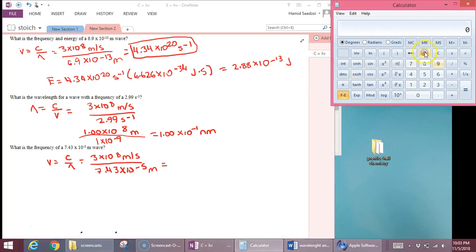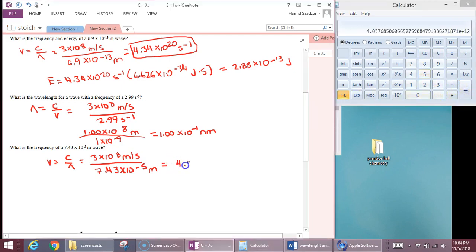Go over here, clear out our screen, 3 exponent 8 divided by 7.43 exponent negative 5, and we get 4.03, should be 4.04 actually if you round up, times 10 to the 12th seconds to the negative 1, since we're looking for frequency. Meters cancel out.